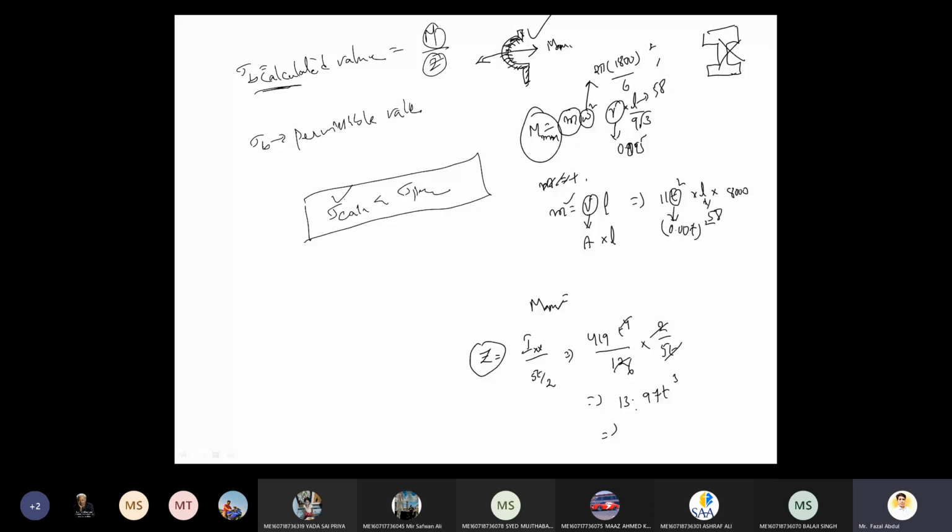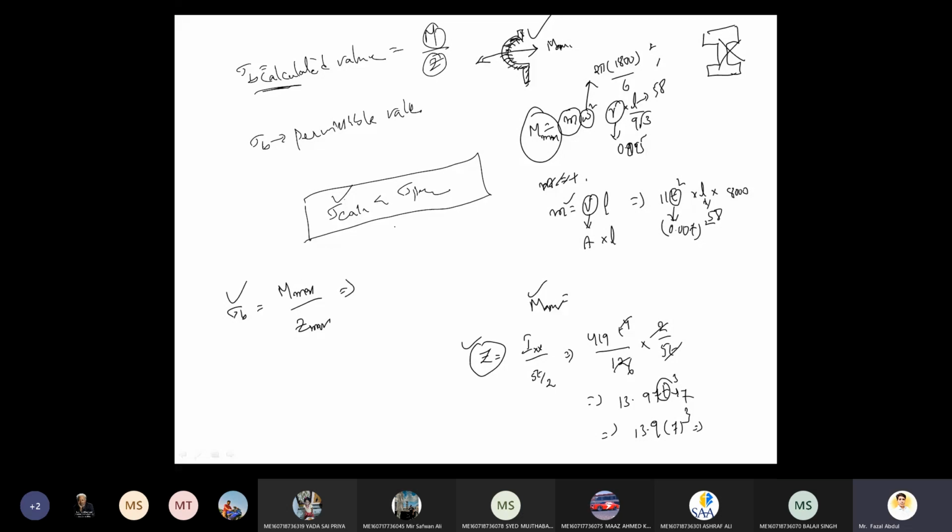So t power 3 means how much we taken the t value here? The 7. So 13.97 power 3. Okay. Get the value of z, get the value of m. Substitute in the calculated maximum bending moment by section modulus. So get the value of bending stress, calculated value.